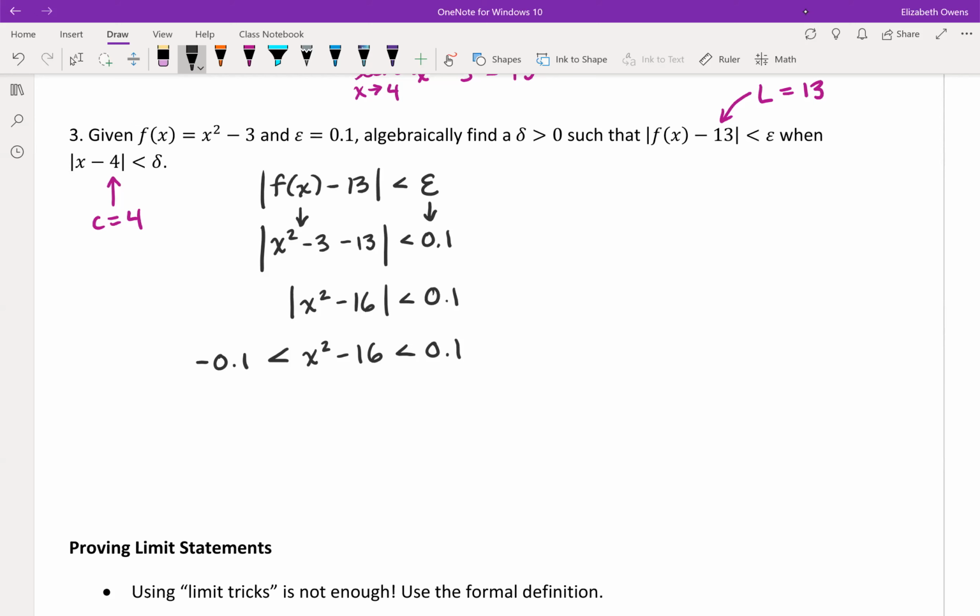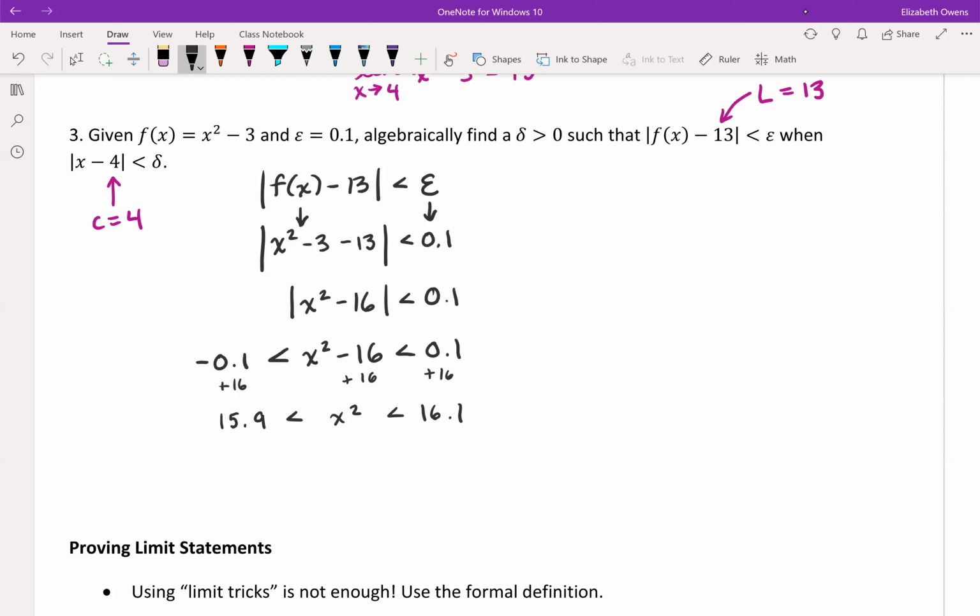Now, let's go ahead and add 16 to all 3 parts. We would get 15.9 less than x squared less than 16.1. Next, if we want to just focus on x itself, we could take the square root of all 3 pieces.